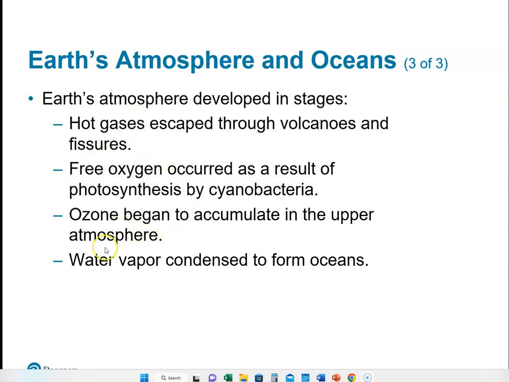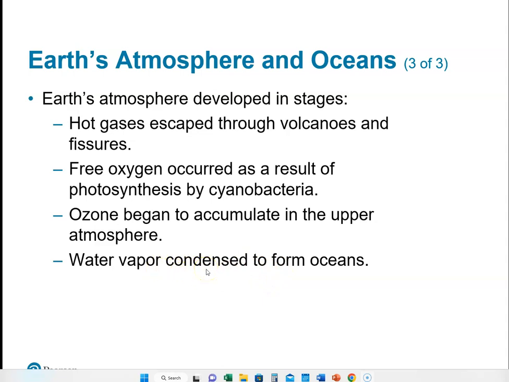And then, of course, all that water that was coming from the volcanoes begins to condense, and of course you have rain and snow forming on the land, and then of course you're forming very primitive oceans. Now, one thing that's really important to understand, and we've been studying this for a long time.